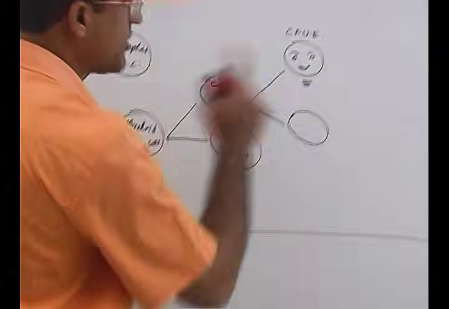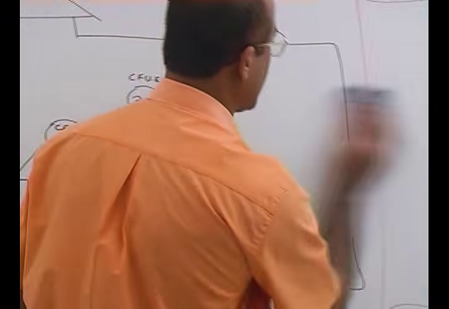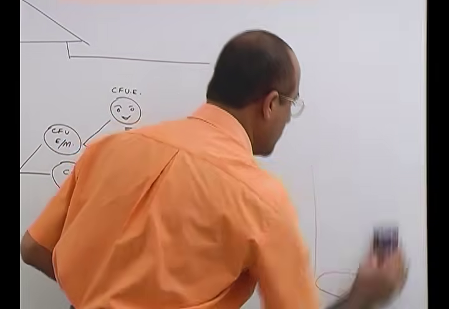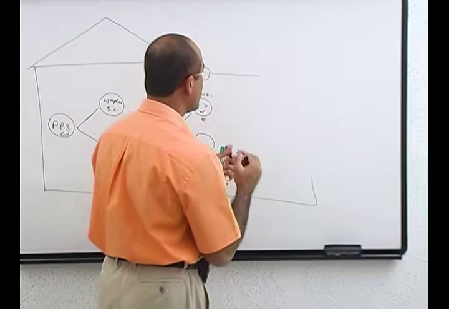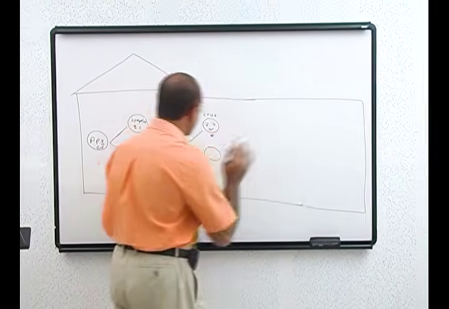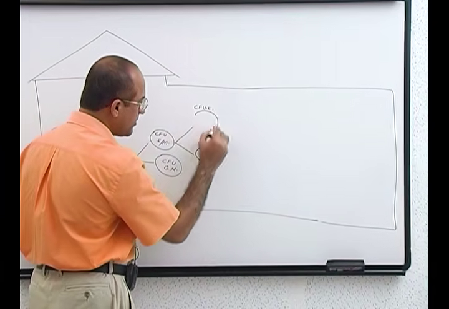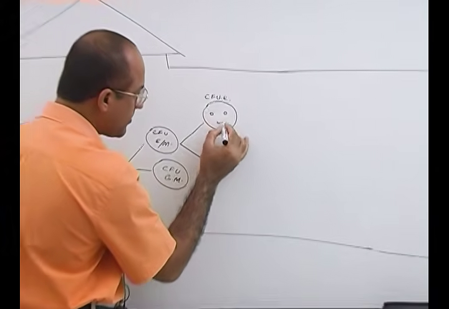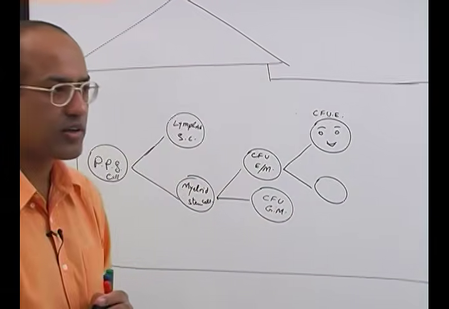We will concentrate on this. If we really concentrate on it, I need more space to explain it well, so let's make the bone marrow house bigger. Look, this colony forming unit erythroid is a large cell, about 20 microns.